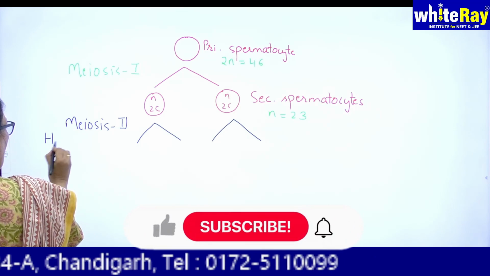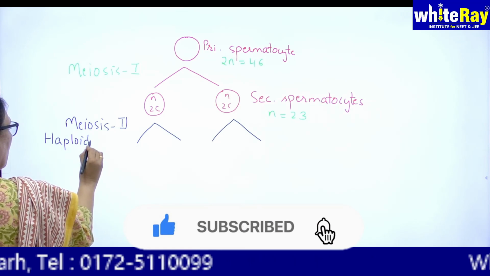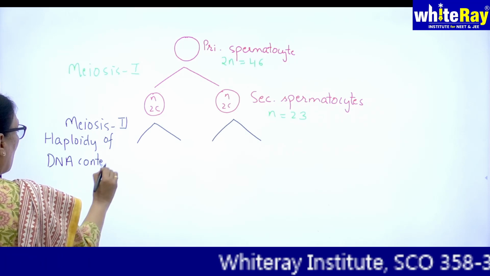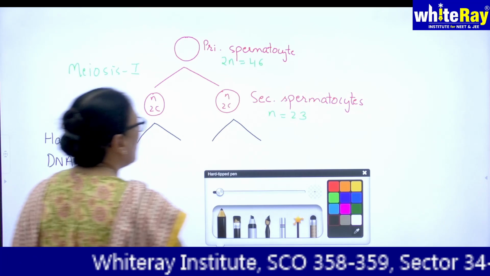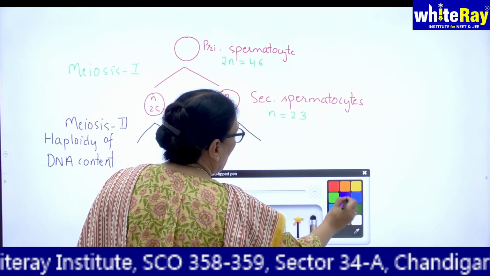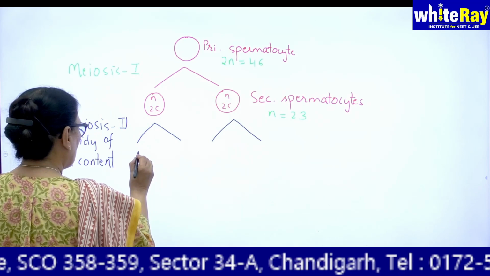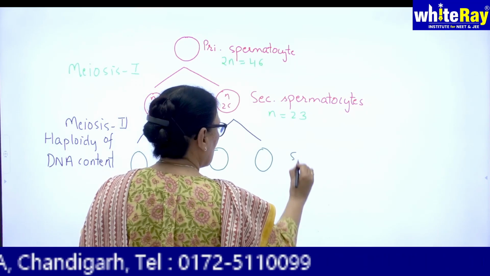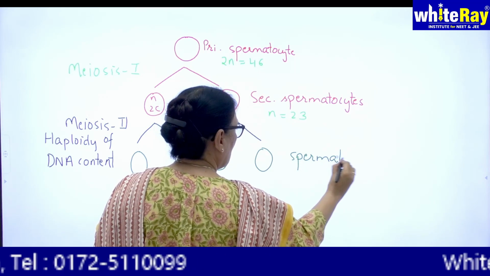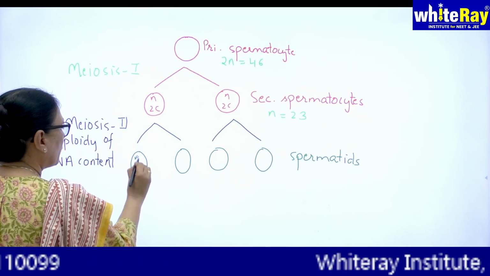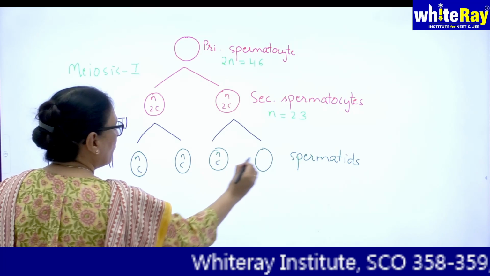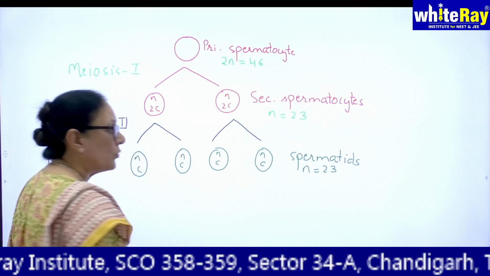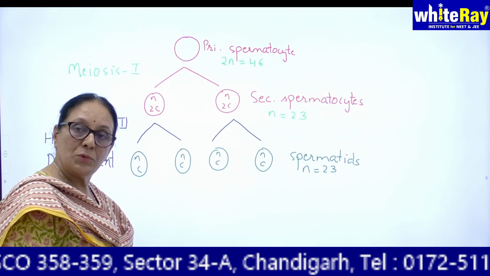Meiosis 2 leads to haploidy of DNA content. Now we have 4 spermatids. The spermatid is n, n, C, and is also 23. Its ploidy is n, and the number of chromosomes is 23.